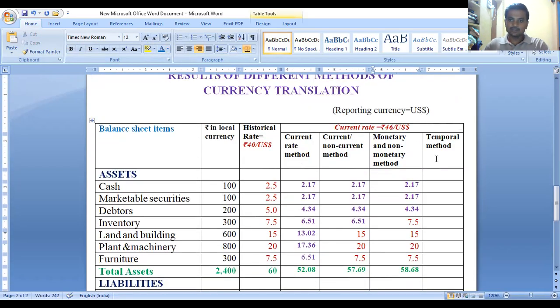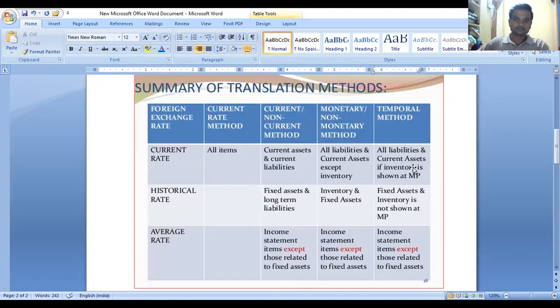Next you can go for the temporal method. What it says is that all the liabilities and all the current assets should be converted to the current rate. If the inventory is shown at a market price, then only we can convert it to the current rate. Otherwise, we need to convert it to the historical rate.